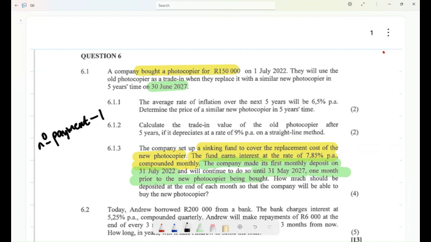Because they ended earlier. If they ended 3 months earlier, we would subtract 3. Now the question is how much should be deposited at the end of each month. Another important part: when we subtract on the number of payments, we should add this to our formula. We should add 1 plus i to the power of the number of months that we did not pay. In this case they did not pay for 1 month, so we add this part.